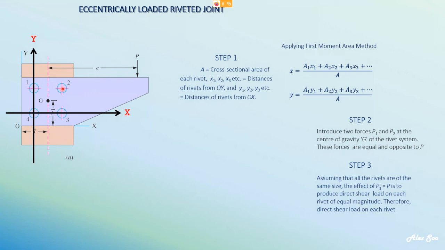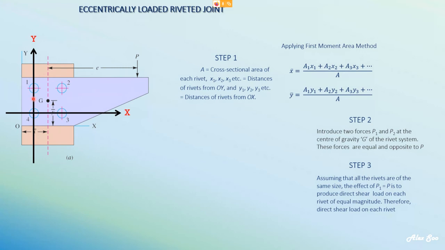From the center of rivet 2, also draw an arrow acting vertically downwards. And then from the center of rivet 3, the same thing. You must draw a vertical arrow acting downwards because the load is acting downwards. So all the vertical arrows from the center of each rivet must point downwards.